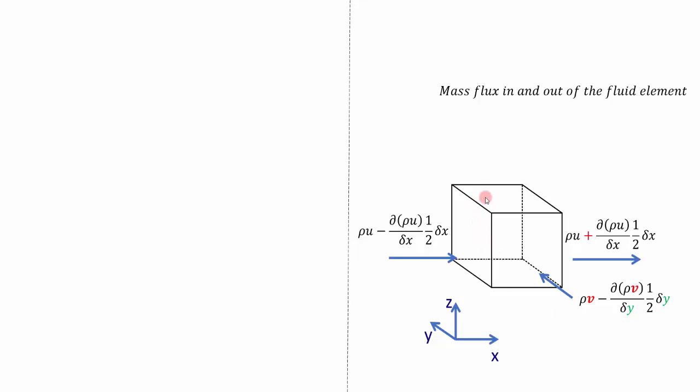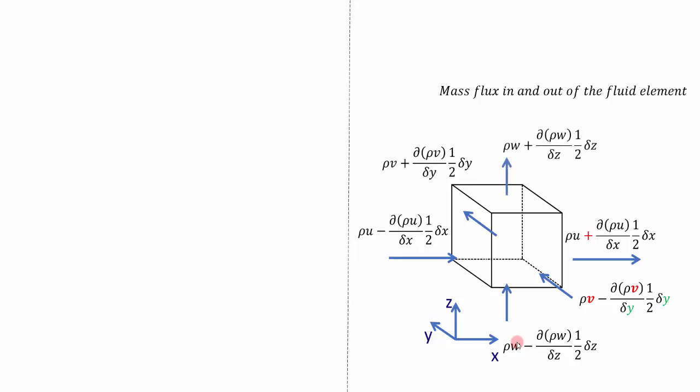Similarly, the outflow from this element should be the same except the negative sign, that should be changed as positive sign. Similarly, for the z-axis, instead of u and v, the velocity component is mentioned as w, and the axis should be changed as z. Similarly, at the inside we have the negative sign, and at the outside we have the positive sign, as we did before. So these are the terms that we have for mass fluxes.